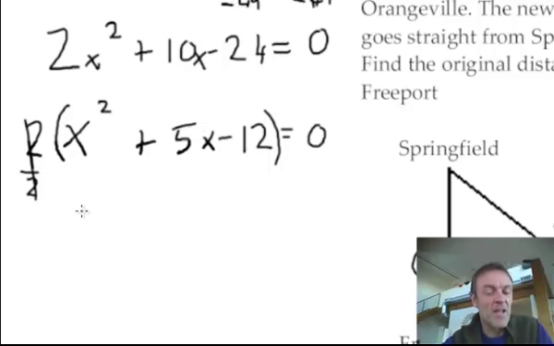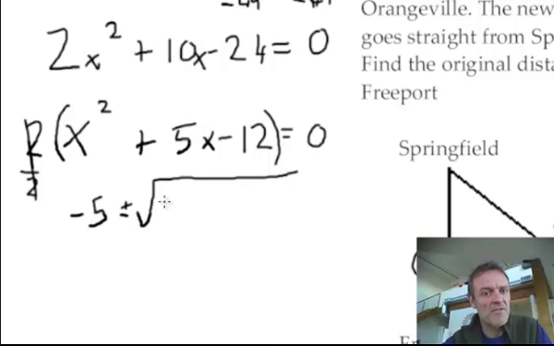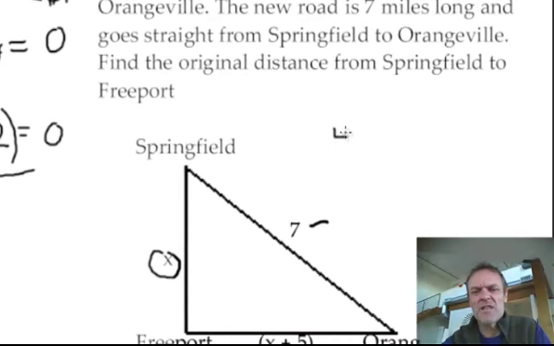Here we go. Negative b, negative 5, plus or minus the square root of b squared, 5 squared, which is 25, minus 4 times 1 times negative 12. So think about it, 4 times 1 times negative 12, well that's negative 48, isn't it?